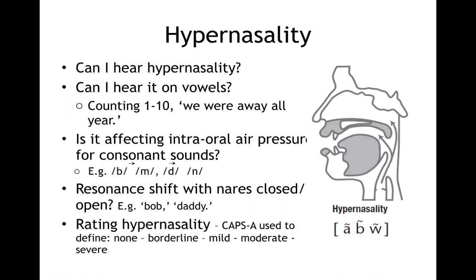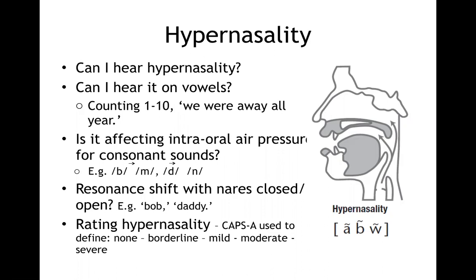So if you ask a child to say that phrase and they're sounding hypernasal when they're saying it, then they probably are, because there are no nasal consonants in there to make it more difficult to hear it or to cloud your judgment. Another thing to ask is, is it affecting intraoral air pressure for consonant sounds?